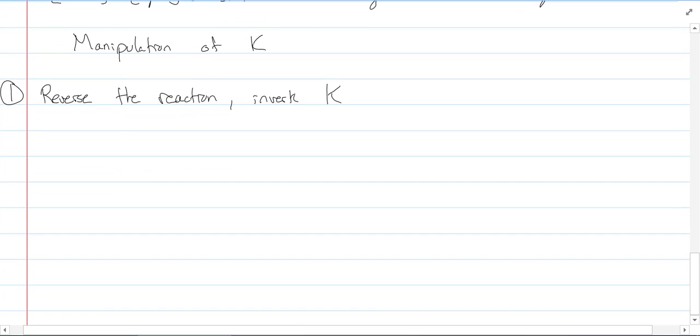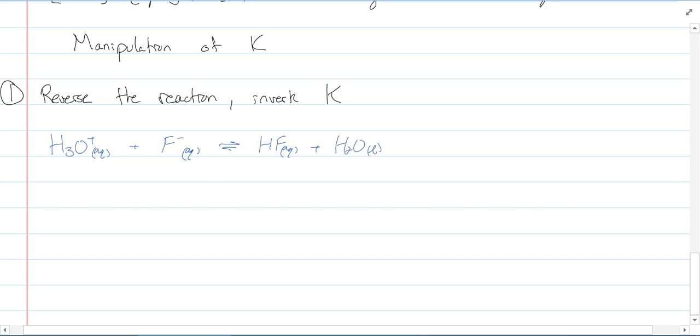If I reverse the reaction, so now we have H3O plus aqueous plus F minus aqueous going to HF and water.